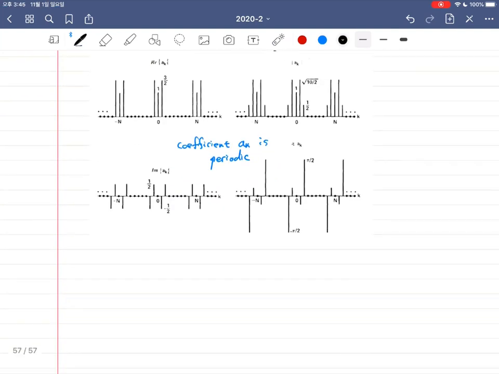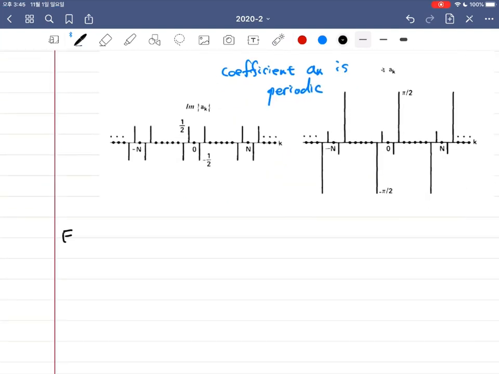I would like to proceed with the second example, and this is called a square wave.